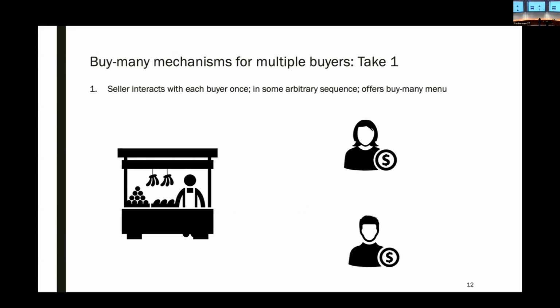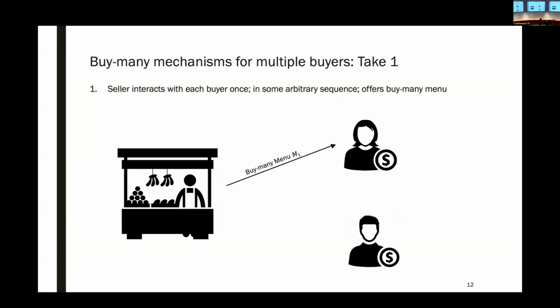What we're going to do is think of the interaction the seller has with every buyer individually, and use that as a basis for defining this weakened space of mechanisms the seller is allowed to offer. There are different ways in which a mechanism can interact with each buyer individually.